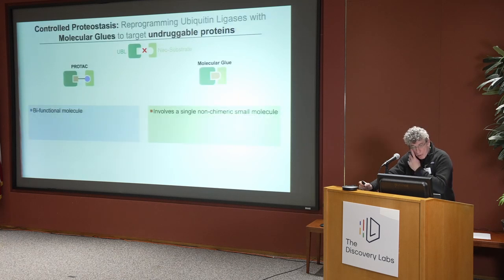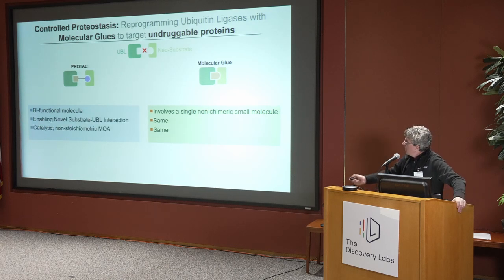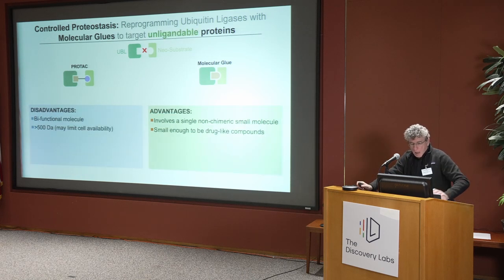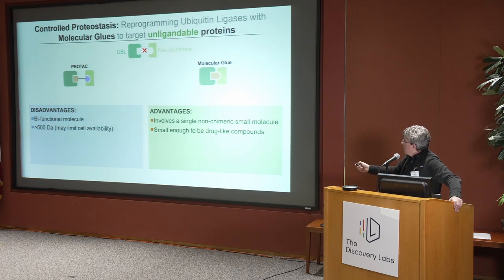Now, what about molecular glues? Molecular glues, in contrast to PROTACs, involve a non-chimeric small molecule, so this is much smaller than a PROTAC, and like PROTACs, they will allow new interaction between a novel substrate and a ubiquitin ligase. They also have a catalytic non-stoichiometric mechanism of action, but it has some advantages because it's a small, non-chimeric molecule.